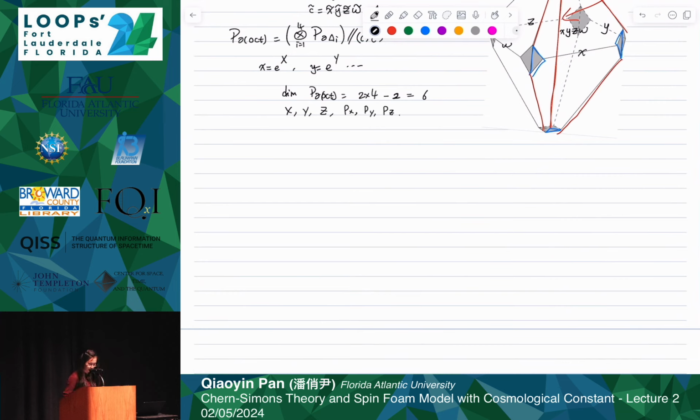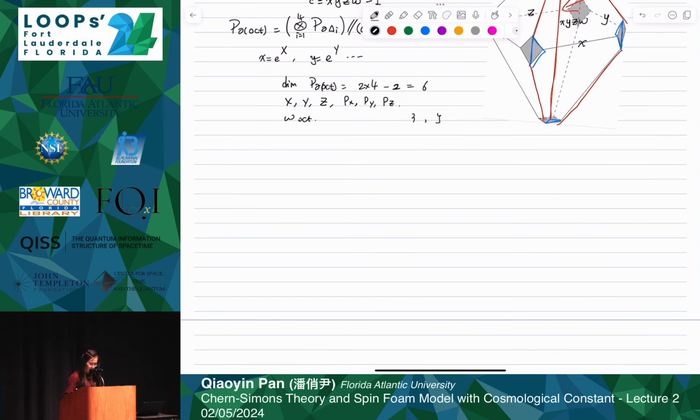You can also write out the symplectic form and the Poisson bracket of it. More details you can find in the lecture note, but I will tell you why I introduce it, because we use it. This structure appears in the ideal triangulation of the 3-manifold that we are interested in. And this gives us the partition function of an ideal octahedron, which is a function of X, Y, Z, and pX, pY, pZ.